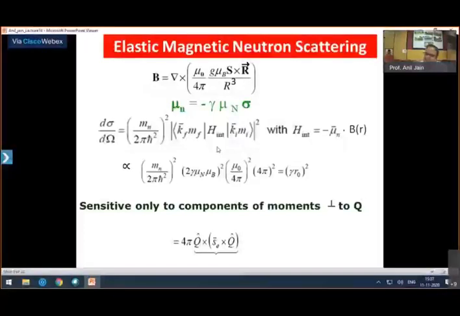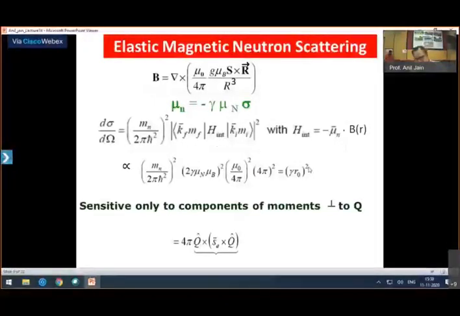This magnetic moment of the neutron can interact with the magnetic field created by the unpaired electrons in your system. So in the definition of Fermi's golden rule, you can determine this cross section, and this interaction is given by mu dot B. I'm not going into the detail of this part because I assume it is already covered. The important part is that this cross section is the square of the magnetic scattering length.